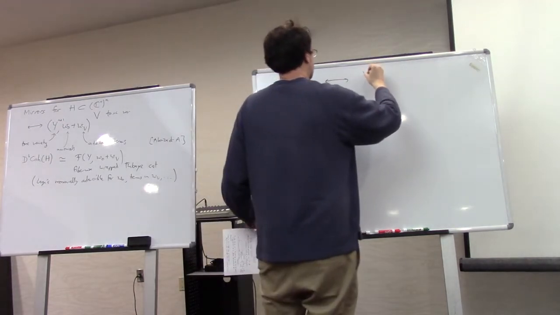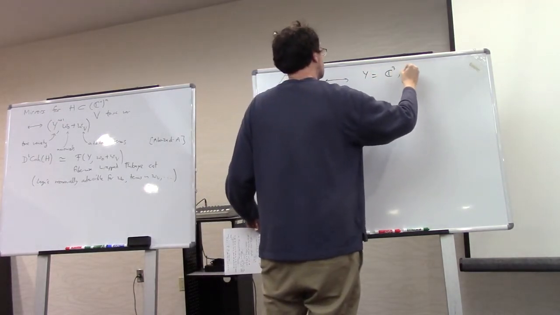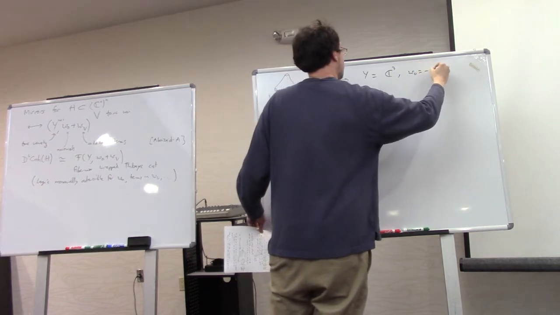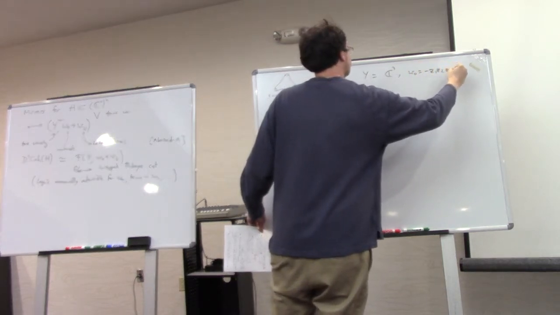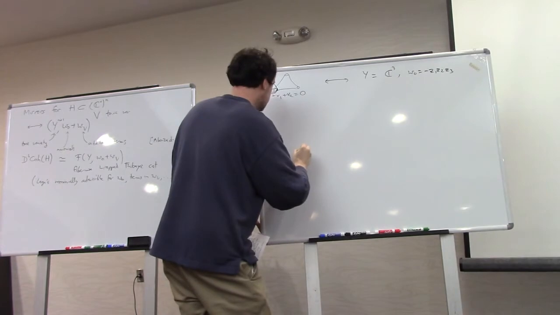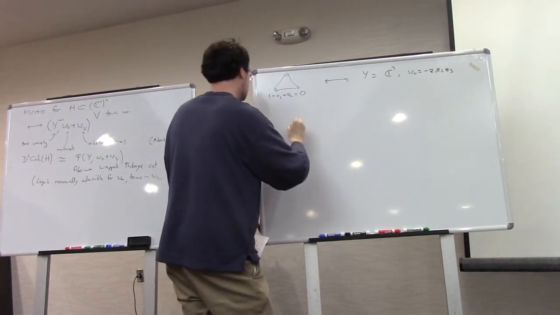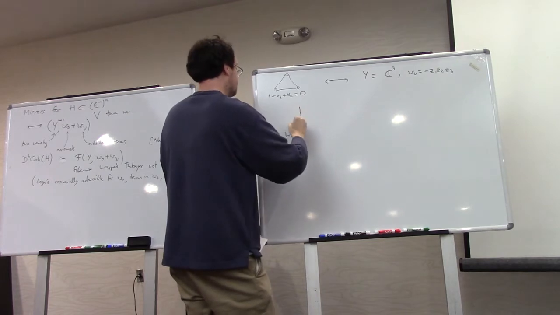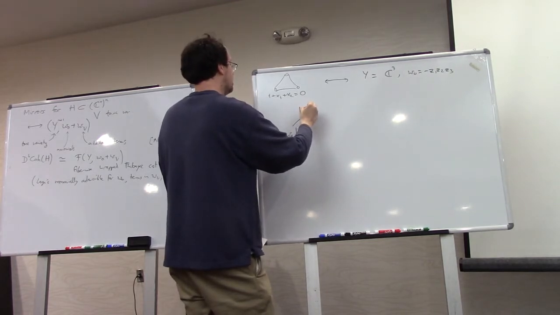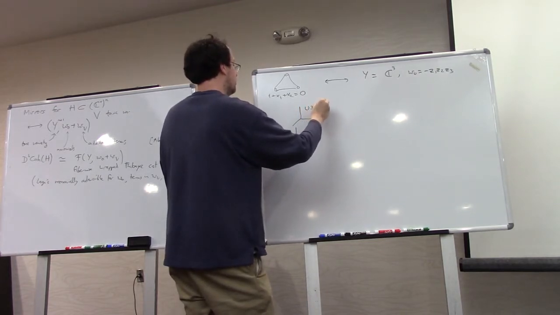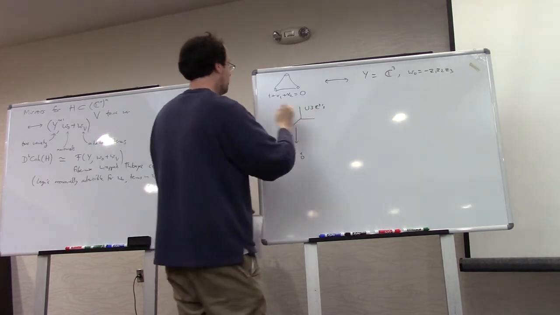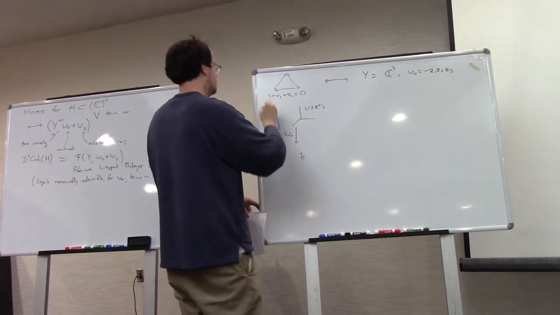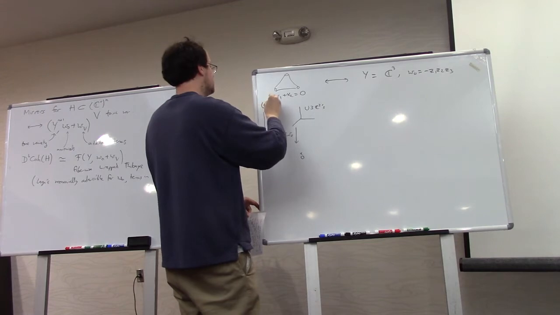The mirror in that case is C cubed with minus z1, z2, z3. And I explained last time how if we look at the projection under W0, the central fiber is the union of three C squares. The other fibers look like C star squares.